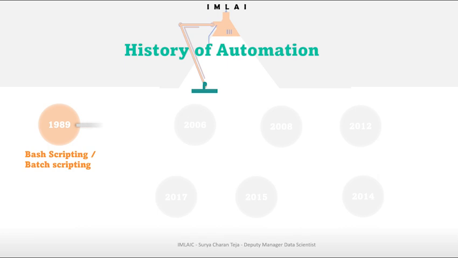And then we started getting other things like database automation, virtualization came in, and cloud computing started to evolve. Of course, normal Linux oriented operating system related tasks can be automated using bash scripting, and Windows operating system related tasks can be automated using batch scripting.